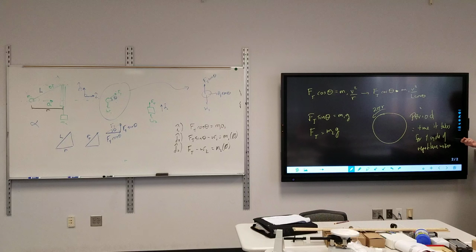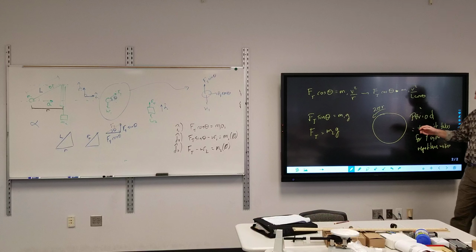All right. So what is the period for the moon to go around the Earth? 30 days, ish. I think it's closer to 28. Yeah. All right.